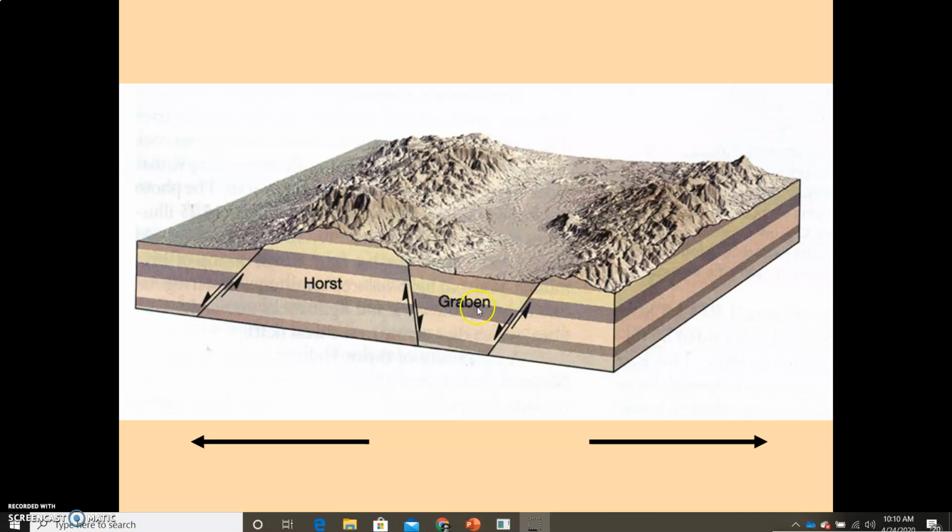These are both German names, Horst and Graben. So this is going to drop down, and then this Horst is going to come up, and these Horsts are usually mountain ranges that occur in this Horst type system. So this is a Horst and Graben.